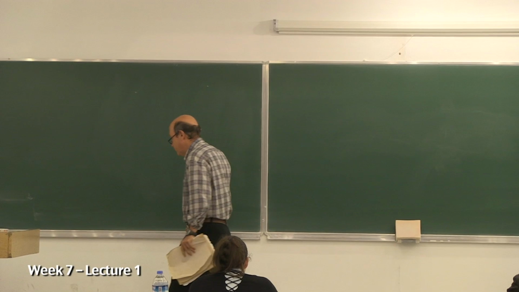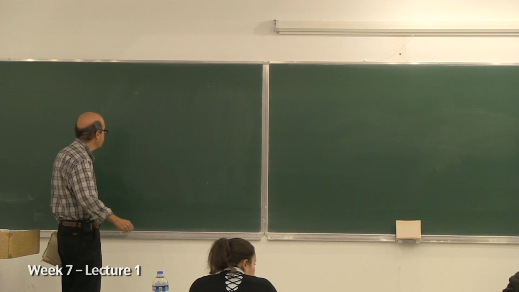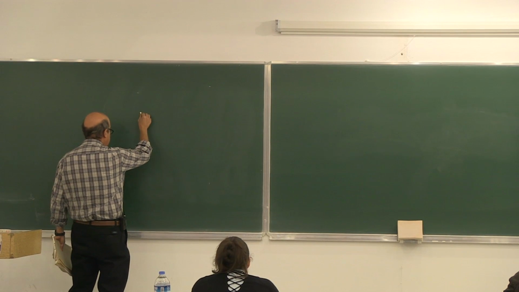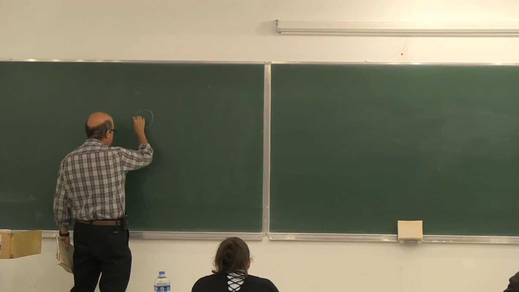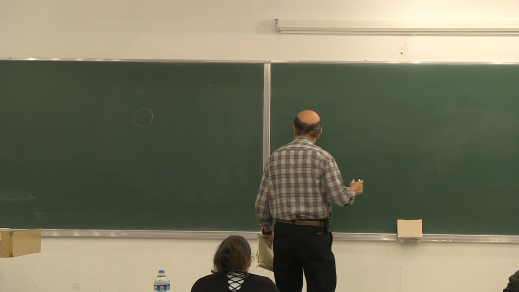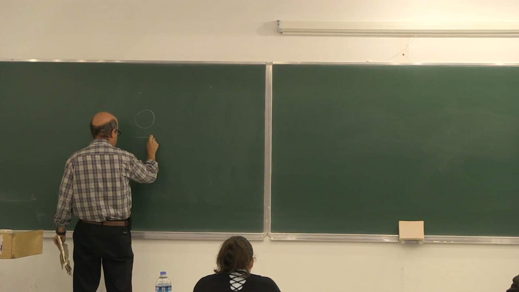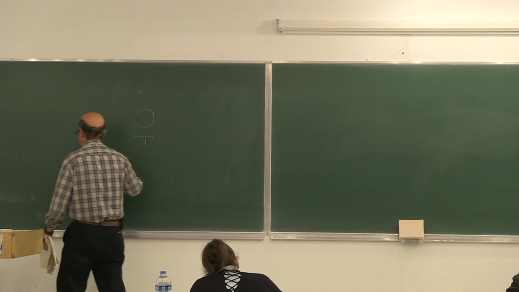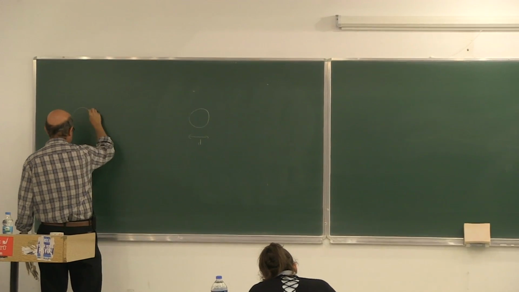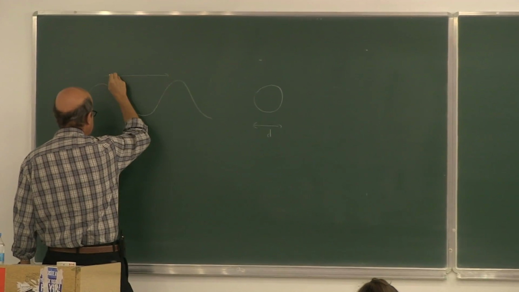Okay, so last time we started scattering. Basically we are considering a scatterer whose dimensions are small relative to the incoming wavelength of the electromagnetic wave.